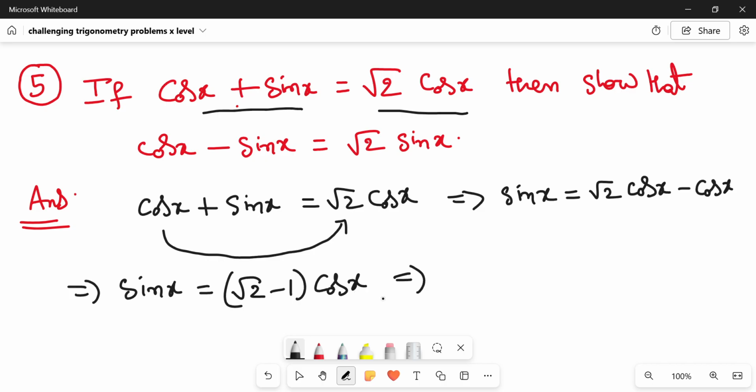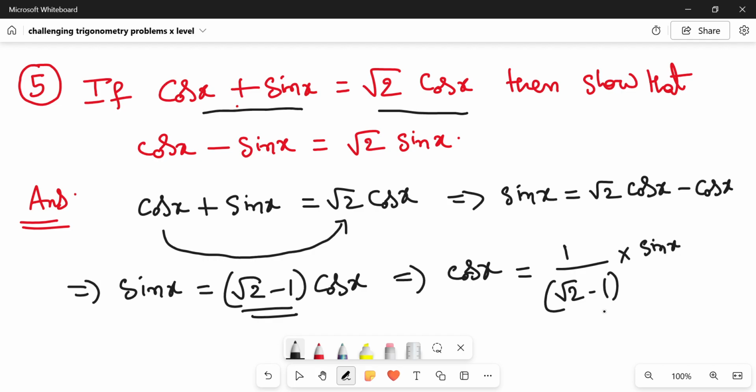And afterwards it's pretty simple. And then we have cos x, we'll write it as this root 2 minus 1 thing, just swing it on the other side. So when you swing it, this side it's multiplying, so that side it will go to the division. That means it will go to the denominator. So 1 by root 2 minus 1, it multiplies with sin x.